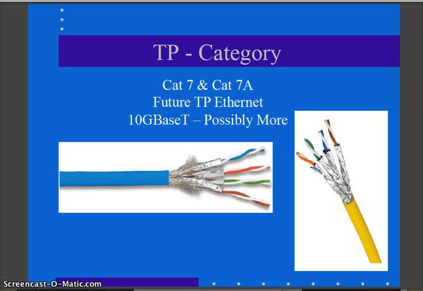And this is able to handle 10 gig, and even they're looking at 40 gig, 60 gig stuff going on right now, figuring out the capacity of this. So we're on our way to 100 gig, but not there yet with category 7, category 7A.